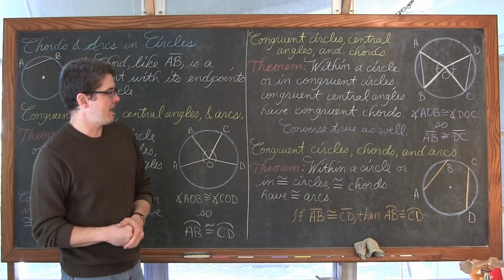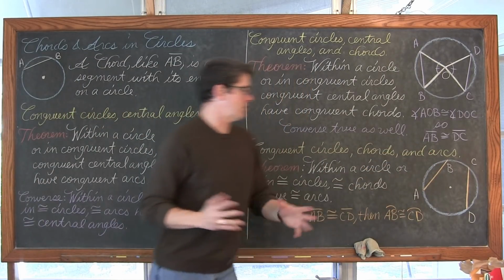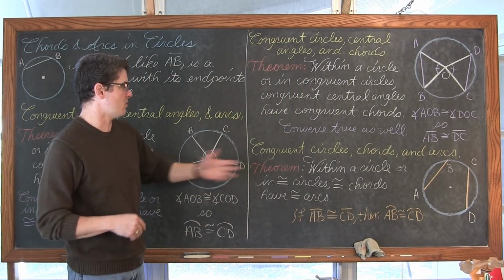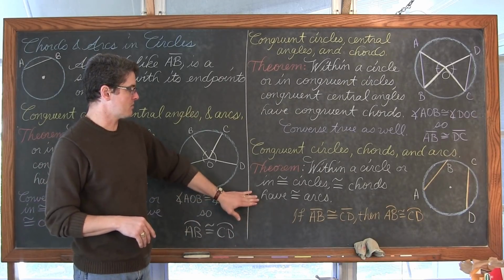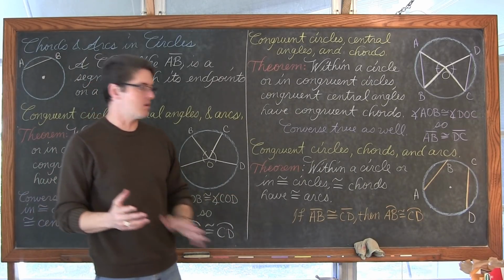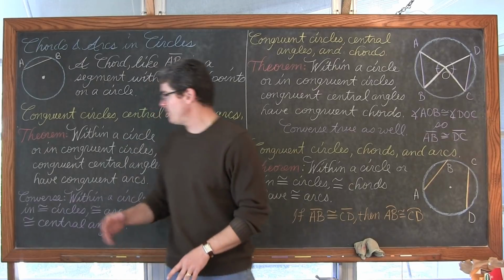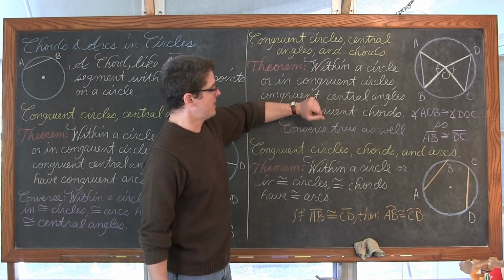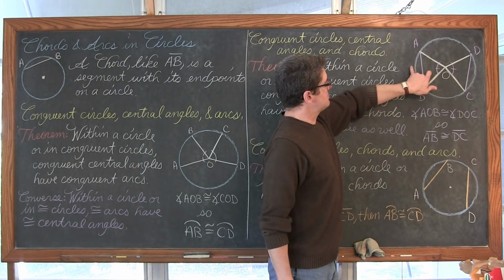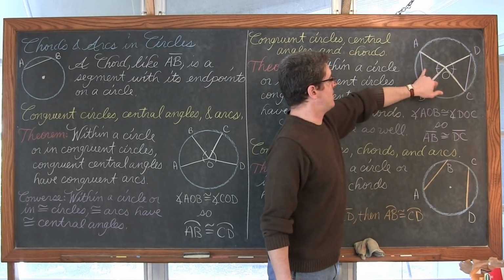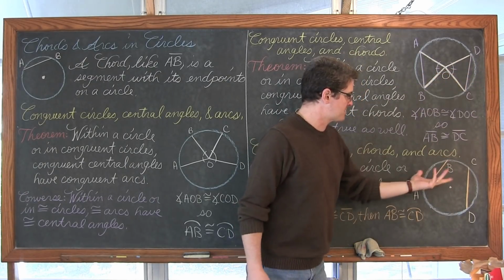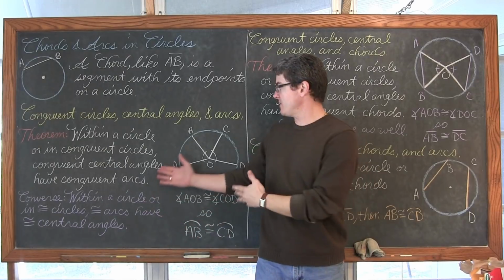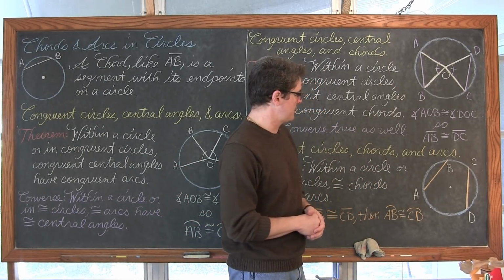Congruent circles and chords and arcs. Okay, chords and arcs. Within a circle or within congruent circles, congruent chords have congruent arcs. This is kind of like tying together the first and second theorems about if you have equal arcs, then you have congruent chords and vice versa. And that all stemmed from the central angle, as our first 2 theorems talked about.